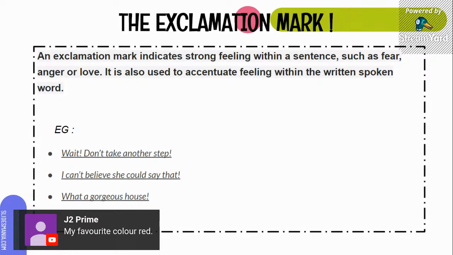So when there is an emotion in your sentence, when you're trying to express your feelings like anger, fear, excitement, disappointments, that usually could be expressed through spoken words or facial expression, it can also be expressed in written words, but then the use of exclamation marks is a must. So when there is an exclamation mark, the expressions of these feelings are better seen. Yeah, so let's look at the example.